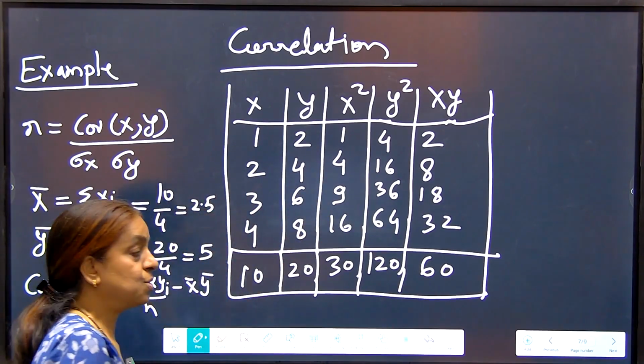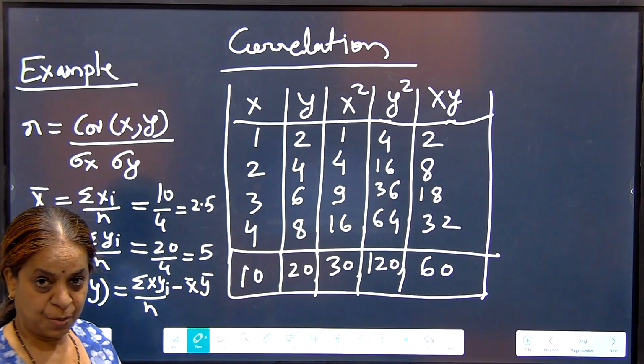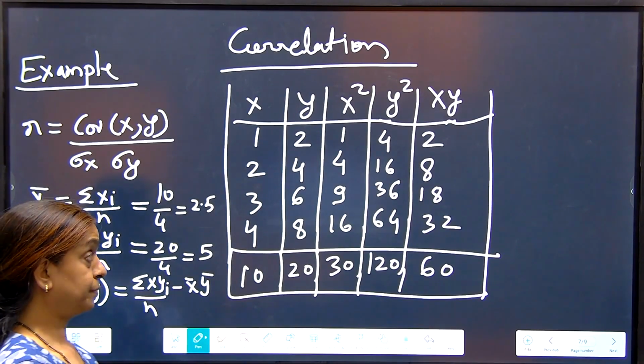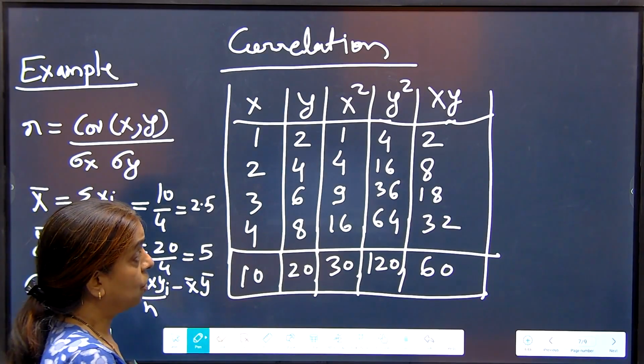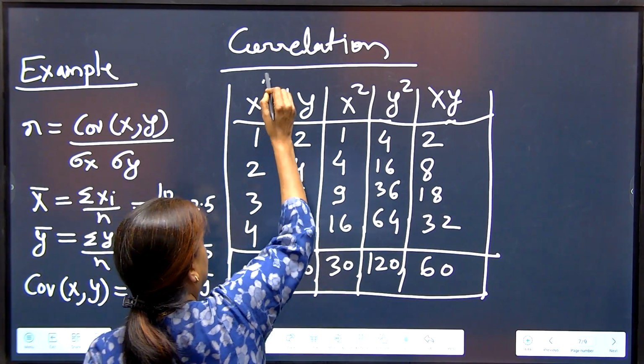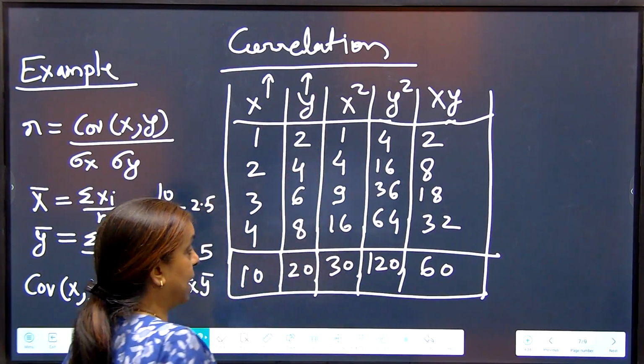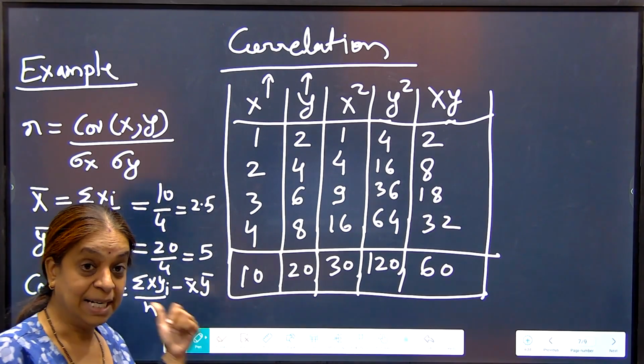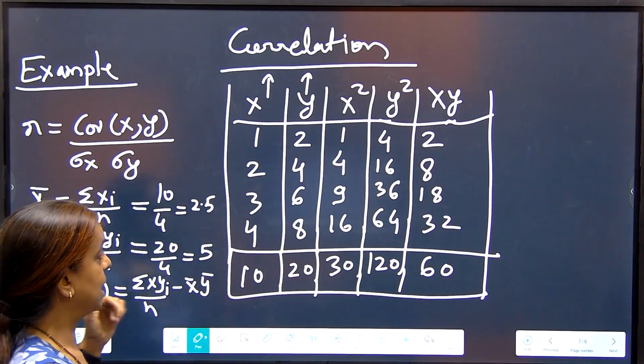Like this, the y square column is also prepared. Similarly, xy is the column in which we multiply the column of x with the column of y. Why am I doing this? Because I need this. In detail we will see further.